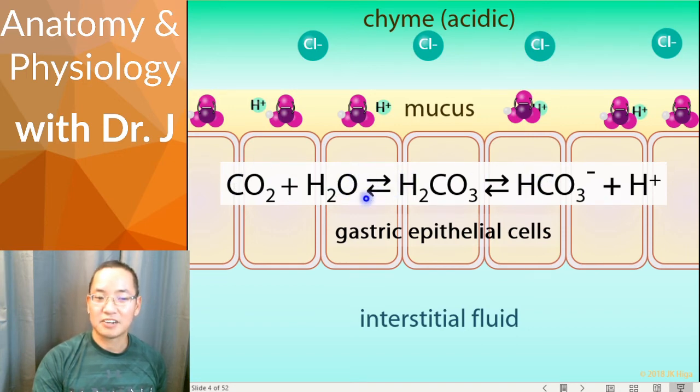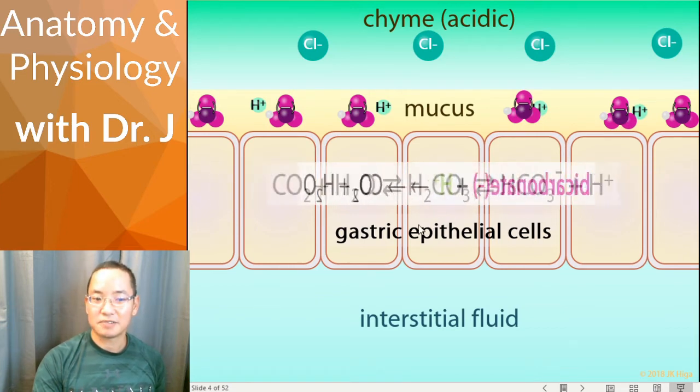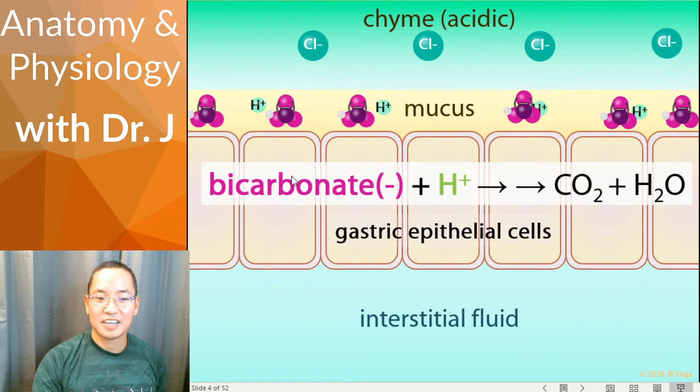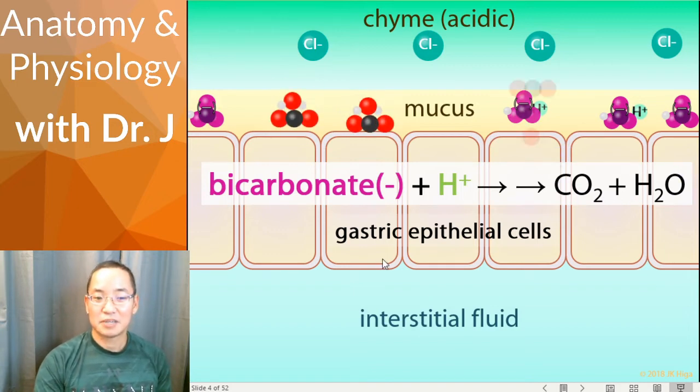So you can combine bicarbonate and hydrogen ions, with that carbonic acid intermediate that I'm omitting for simplicity's sake, to form carbon dioxide and water. Carbon dioxide and water do not affect pH directly. This is how you're able to neutralize the acid.